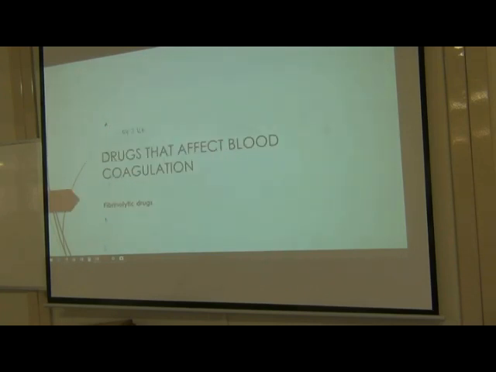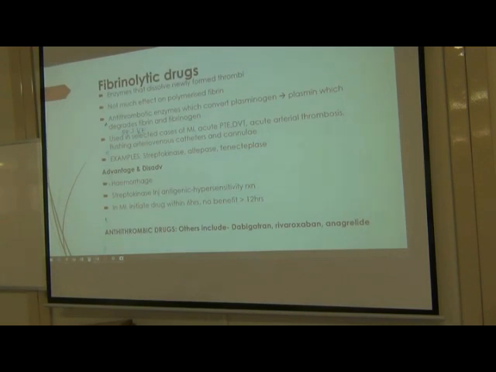So it needs to be used within 6 hours of the event. In MI, myocardial infarction, a patient that presents with myocardial infarction, fibrinolytic drugs must be given within the first 6 hours of that presentation. Because it won't work once the thrombus is polymerized.